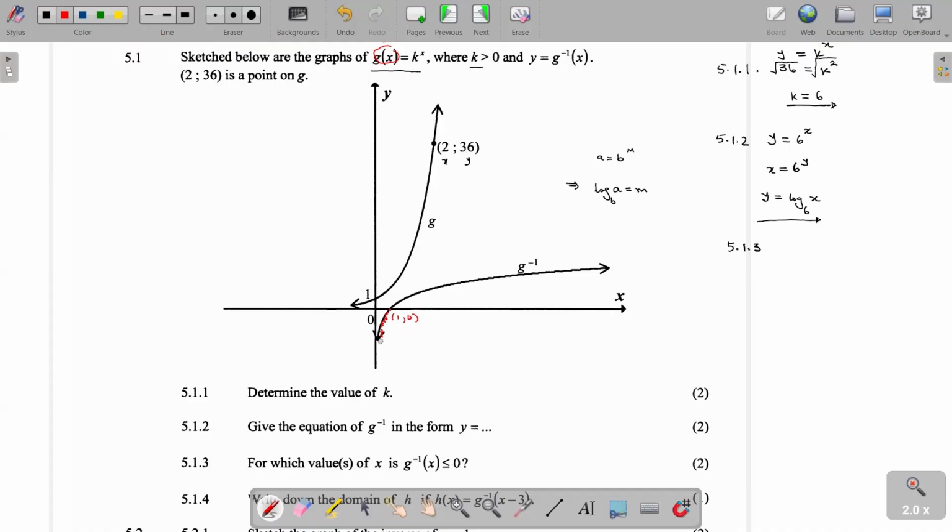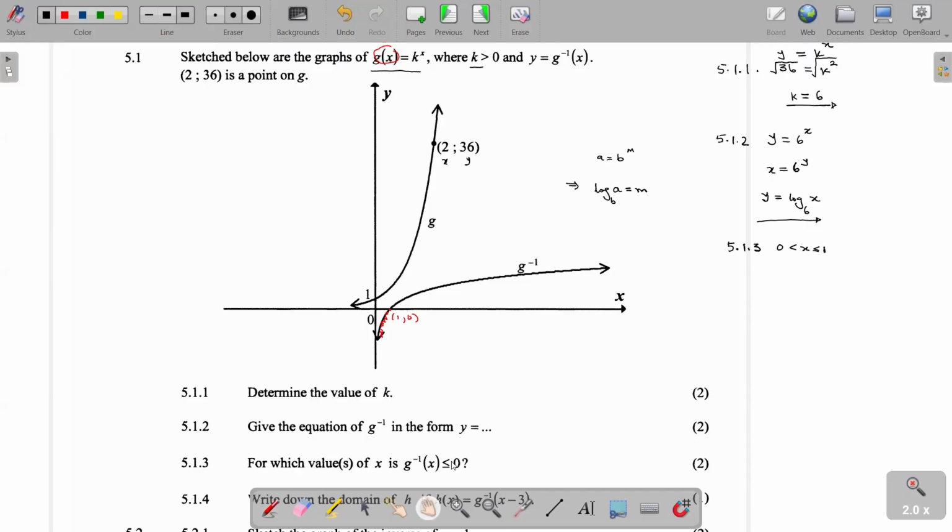Take note that at this y-intercept there is an asymptote, so the region that is wanted is from 0 to 1, with 0 excluded because it is an asymptote. So the solution is 0 < x ≤ 1. Here it's inclusive because x = 1 is an intercept of that graph.